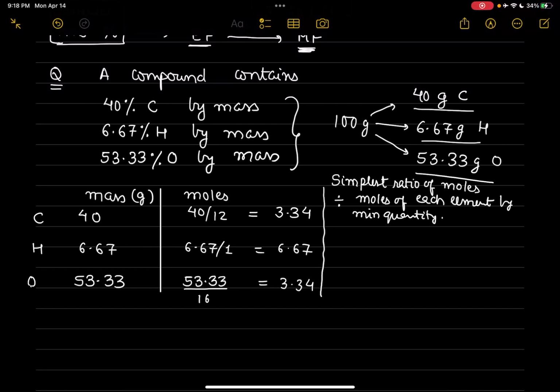So divide the moles of each element by the minimum quantity.